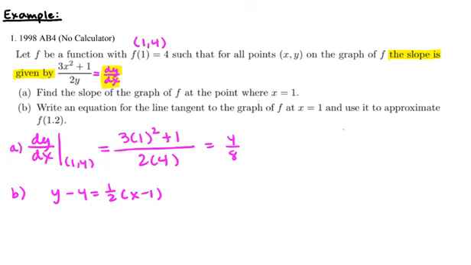So we plug in 1.2. Half of 0.2 is 0.1. So f of 1.2 is approximately equal to 4.1.